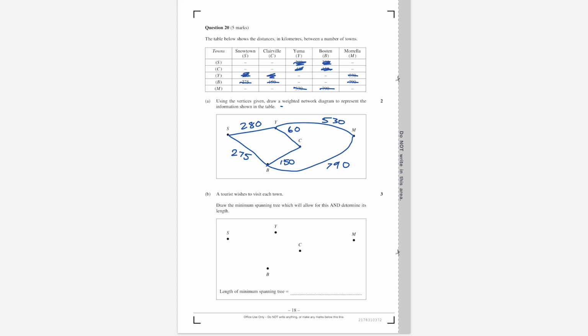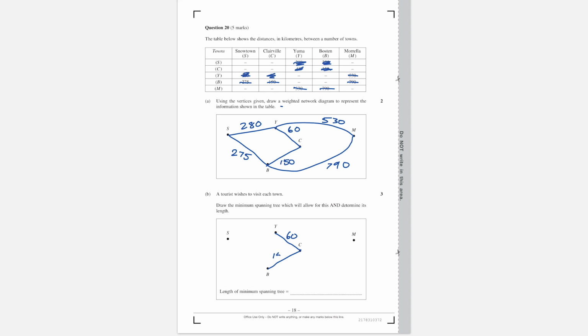A tourist wishes to visit each town. Draw the minimum spanning tree, which will allow for this, and determine its length. Okay, great. So we want to start with the smallest number, and on this, it would be 60. So let's start with connecting Y and C for 60. Our next biggest number is 150.